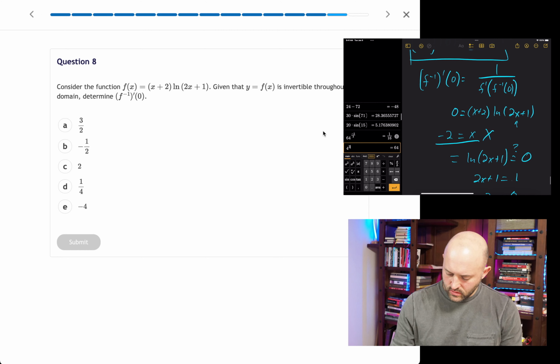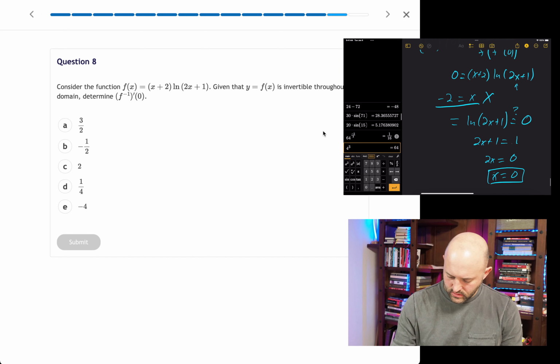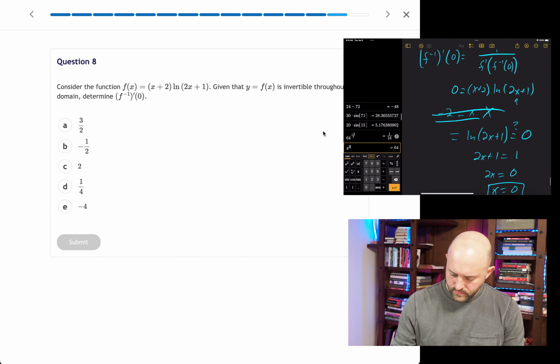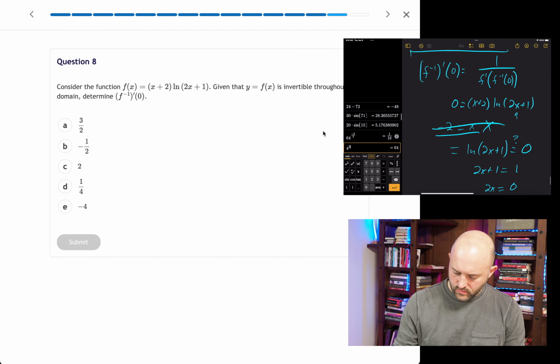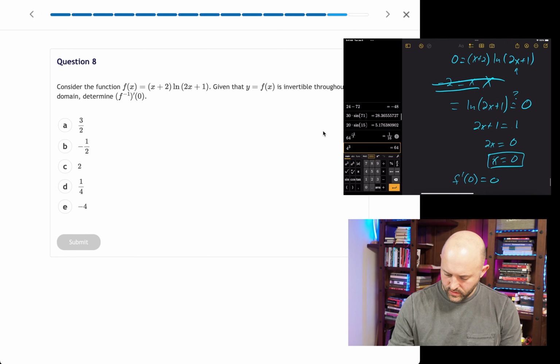When x equals 0, that goes to 1. Okay, so that's our answer for this piece, not this one. So f inverse of 0 also equals 0. That's my answer. It goes 0 both ways.